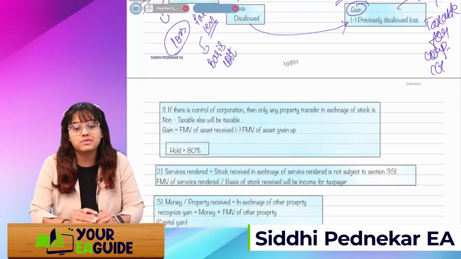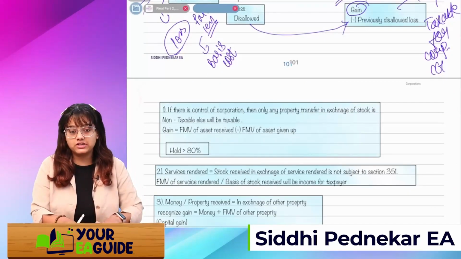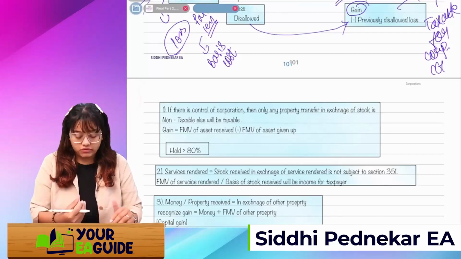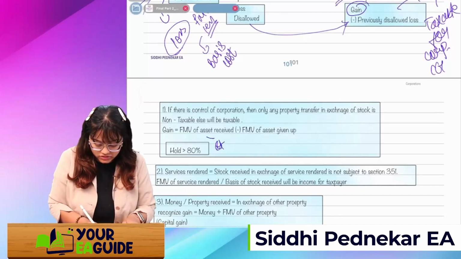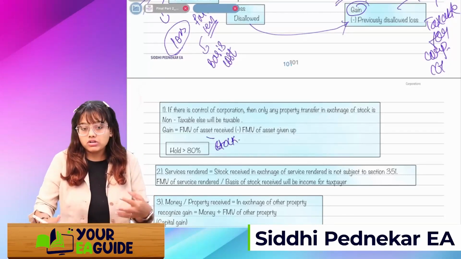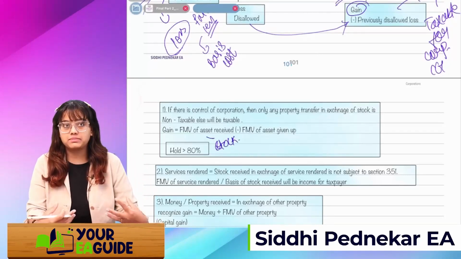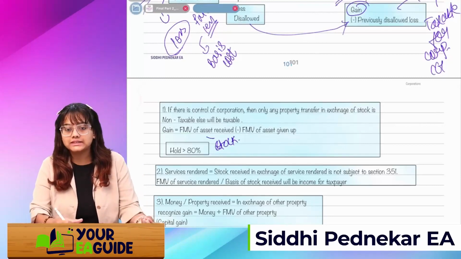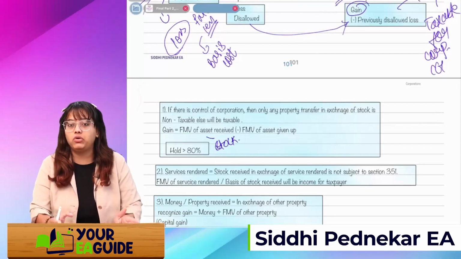Here, the cost basis is not taken into consideration at all. Take the FMV of the stock which we are receiving. Also, along with the stock, the taxpayer might have received some other property or asset. Then take FMV only. Here only FMV will be considered.